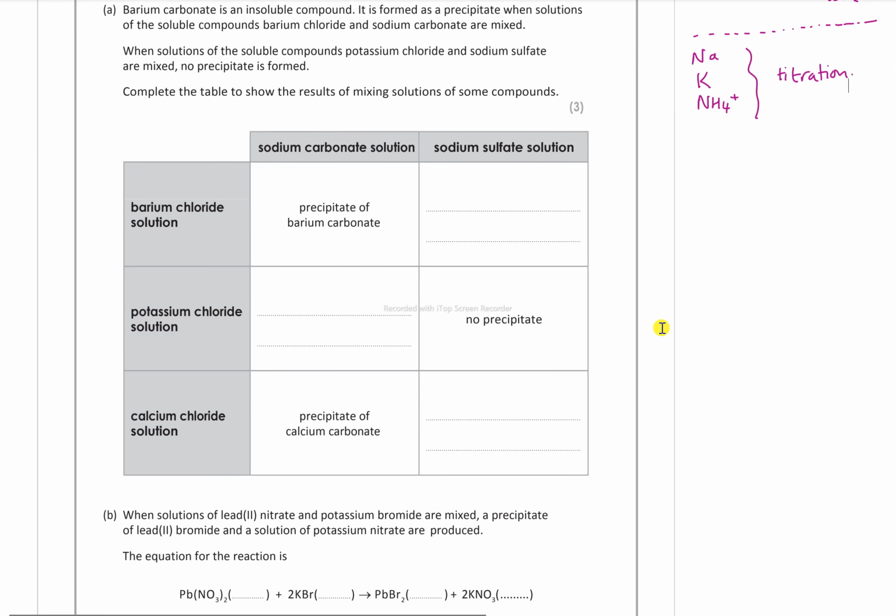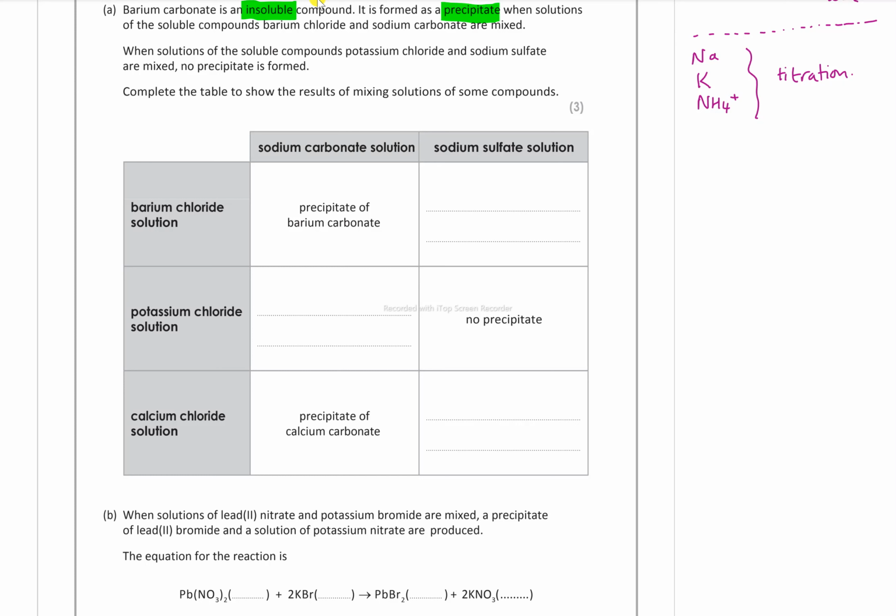Right, let's crack on. Barium carbonate. Barium carbonate is an insoluble compound. It is formed as a precipitate. So I think they've given us a clue: insoluble and precipitate.